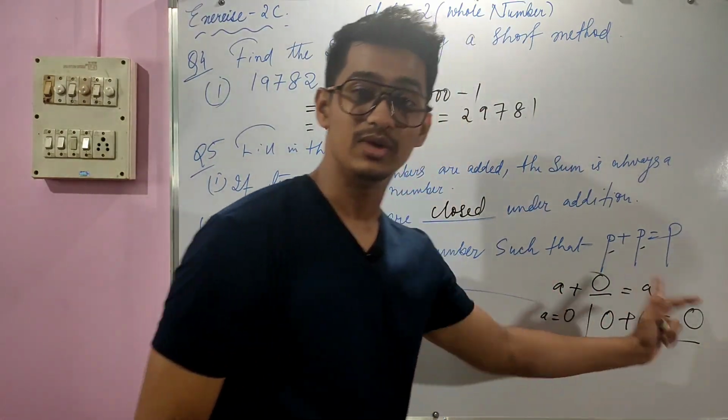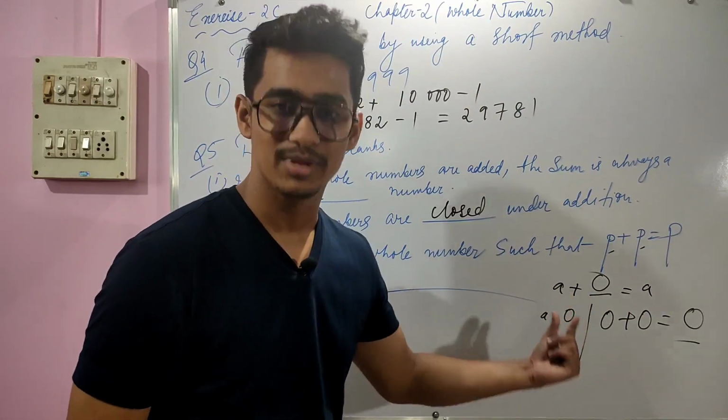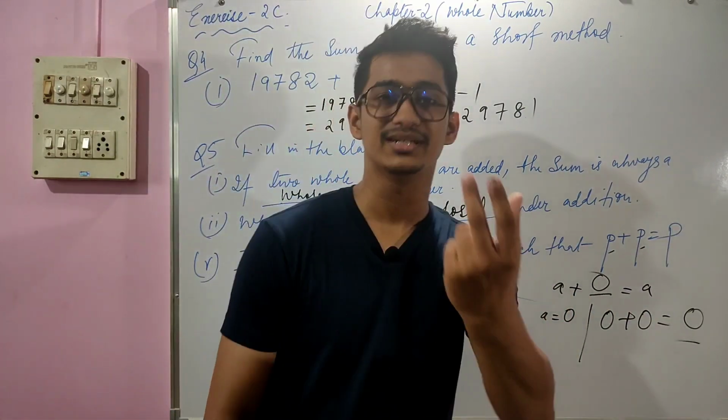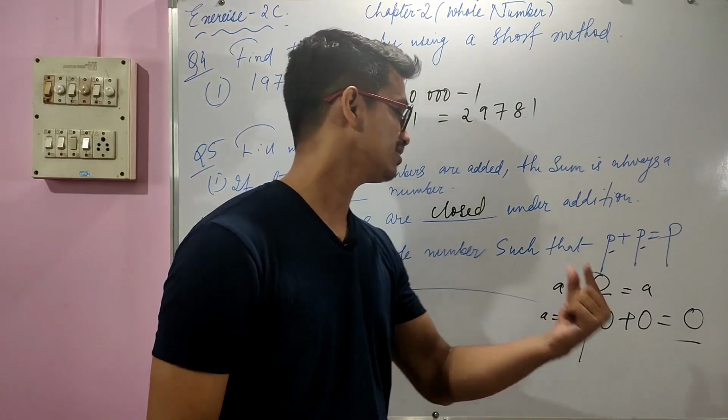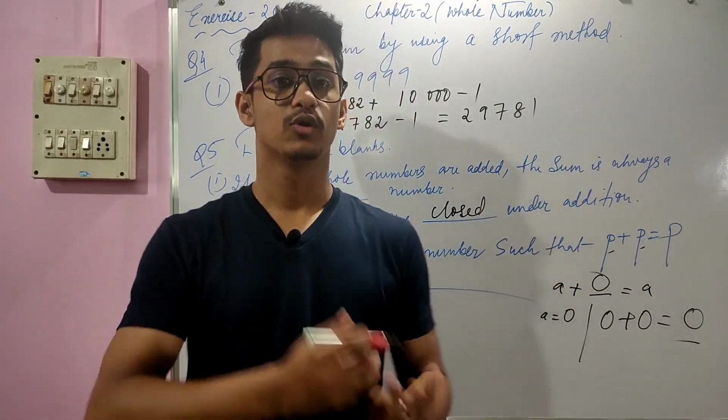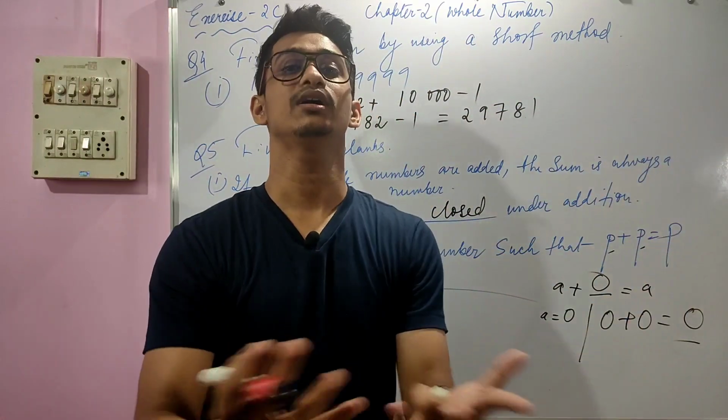A plus 0 gives you A. A is a general number that we have to take, an arbitrary number, like a general alphabet that we have taken to represent all the whole numbers.